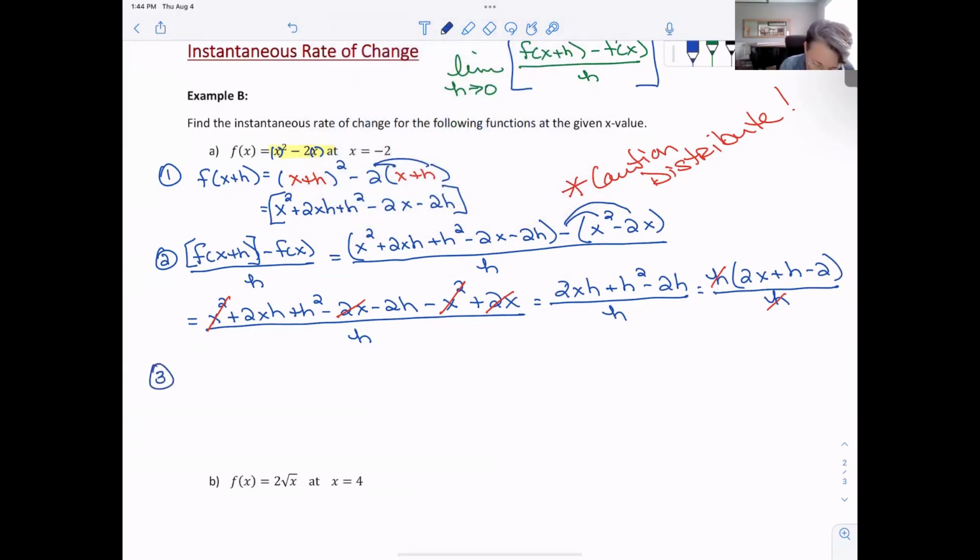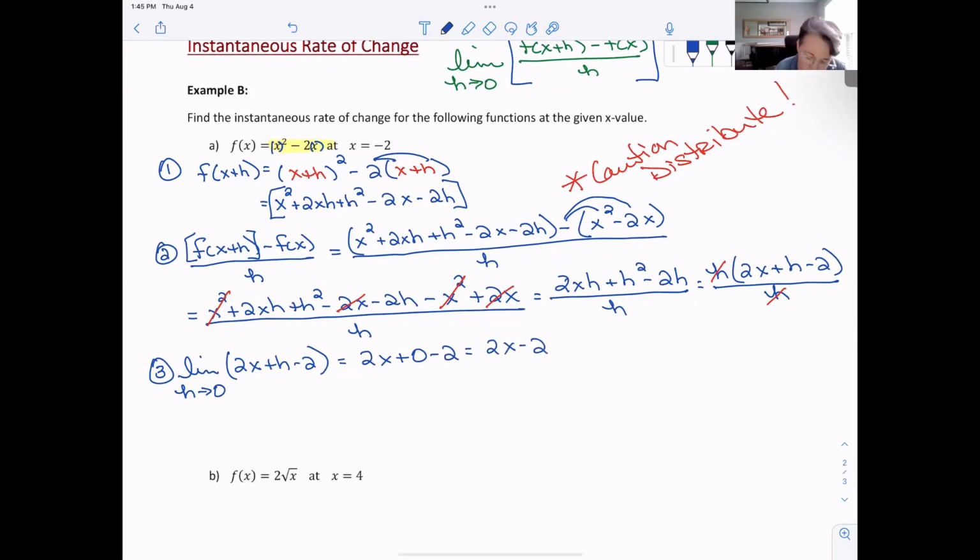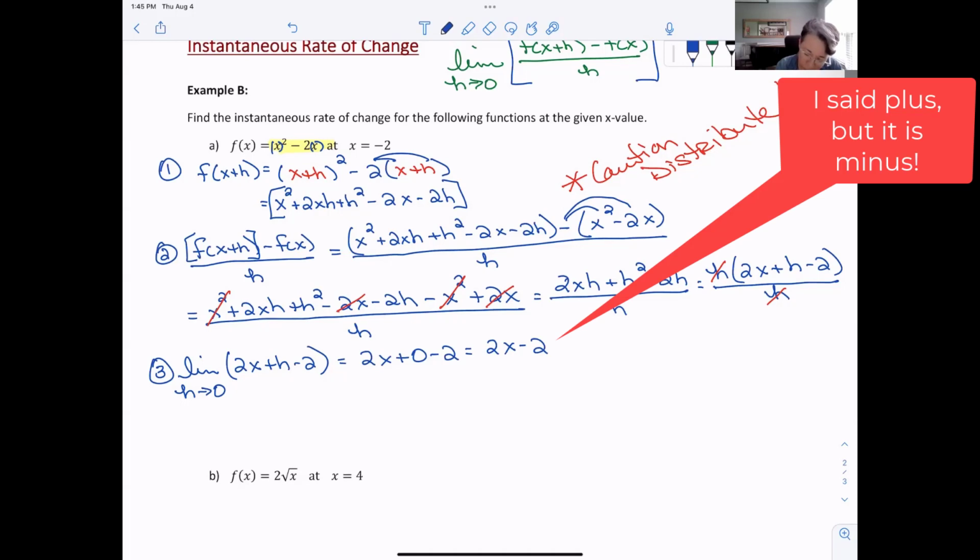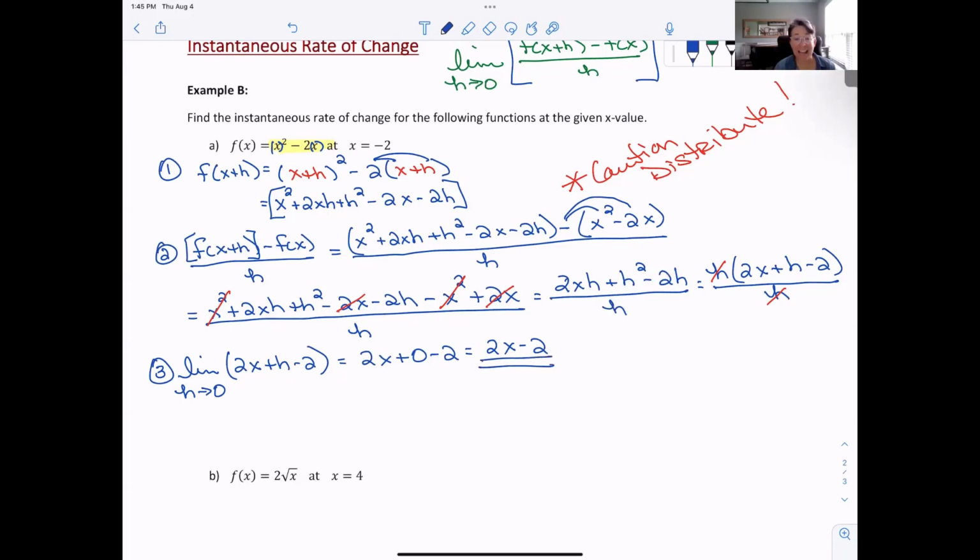So step 3, let's actually find the limit as h approaches 0 of 2x plus h minus 2. That means we can just plug in 0 for the h because it is defined there, and we get the function 2x minus 2. That is the limit. It is the function of the limit. We want it at x equals negative 2.